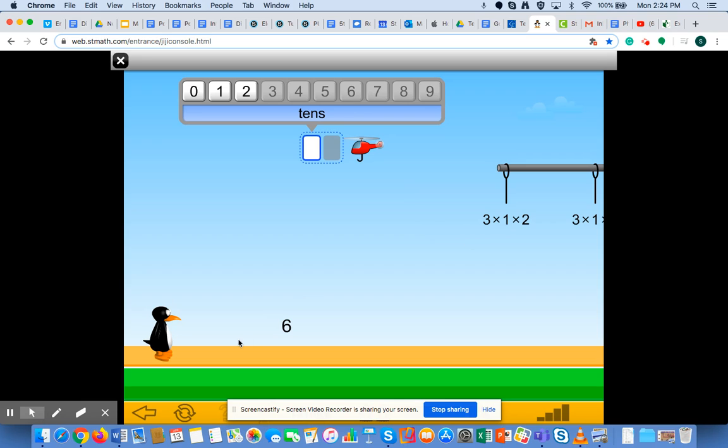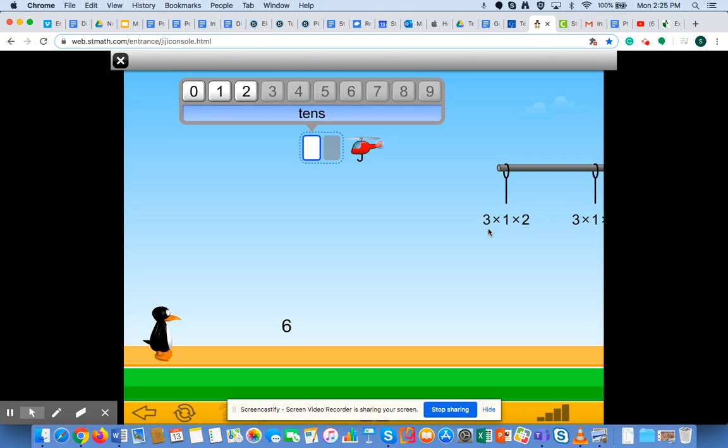Now, it presents you with what the answer is here, which is going to be 6. And I have to figure out how many of these different combinations of multiplication do I need to equal 6. Well, the first thing I have to do is figure out what does this actually equal, okay? So if I remember from yesterday's lesson, I can multiply the first two numbers together and then multiply that by 2.